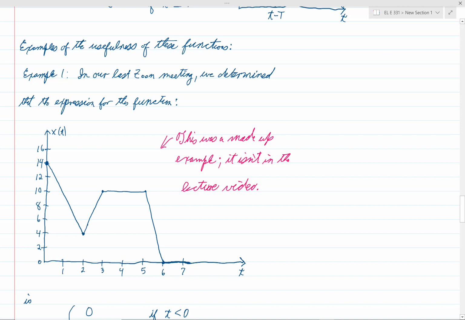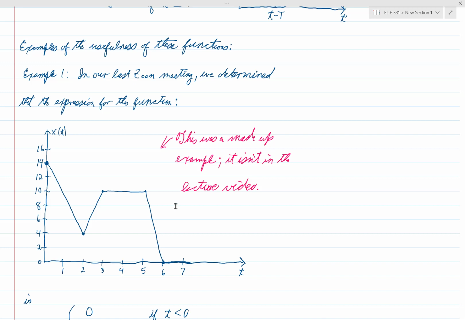So anyway, in our last Zoom meeting, near the end of the meeting, one student was asking about getting more practice in trying to find the expression for a function from the graph. And so I tried to give a rather difficult graph, and I showed how to find the expression for that graph, and the answer.